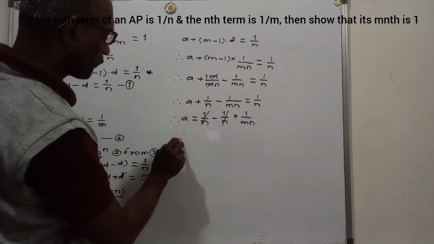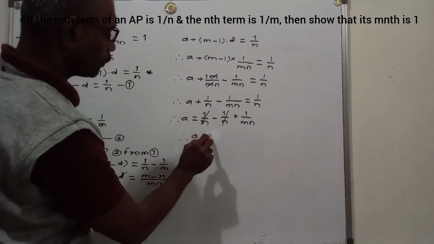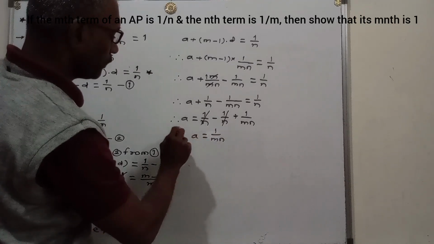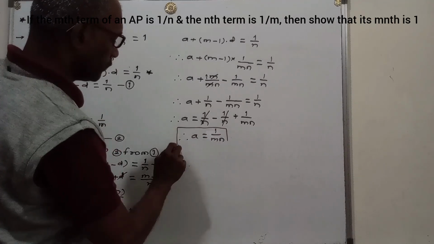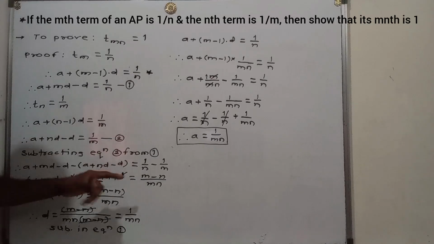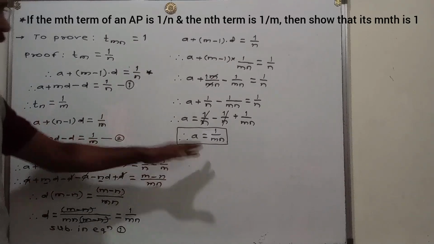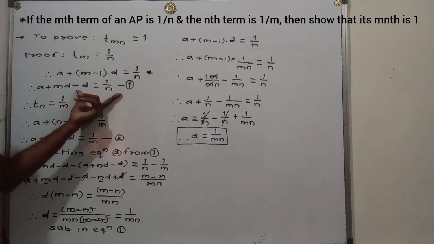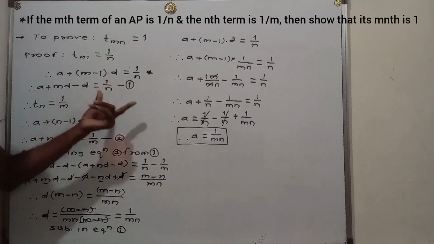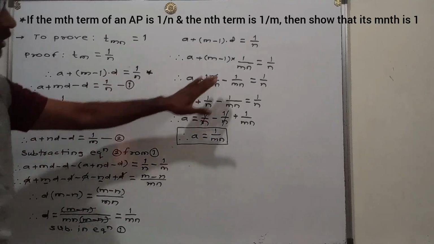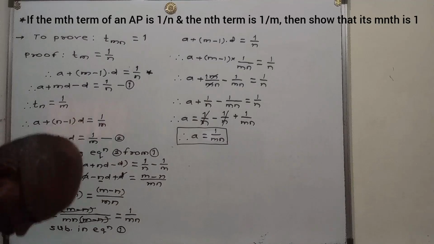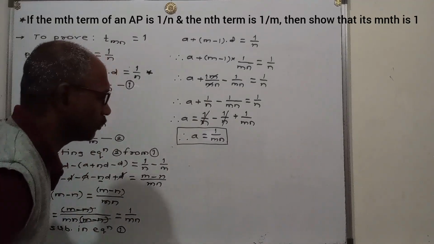Therefore, a is equal to what is the value? 1 upon mn. Did you get it? When we put it in equation 1, then also we get the same value, because we obtained this equation 1 from this. So this is simple.